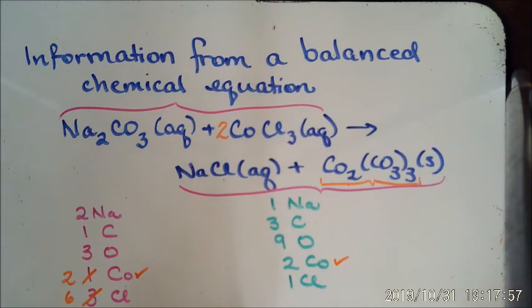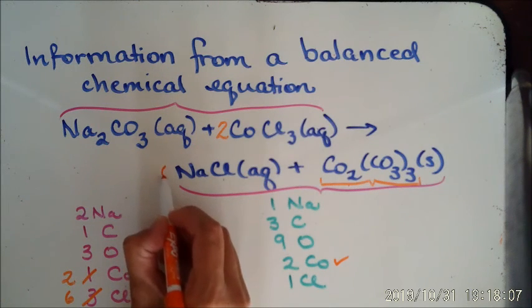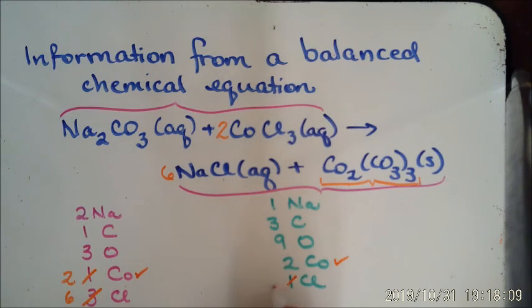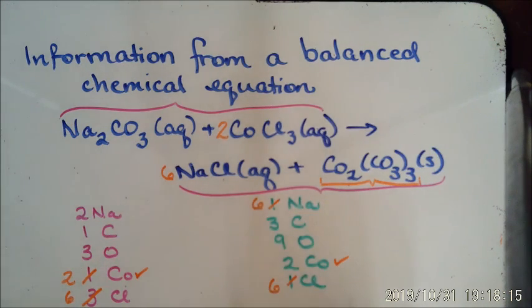Okay. Now let's take a look at my chlorines. I have 6 here, so if I put a 6 here, that gives me 6 chlorine atoms and 6 sodium atoms. So now my 6 chlorine atoms are balanced, my cobalt's balanced, and now we just have to balance our sodium, carbon, and oxygen.